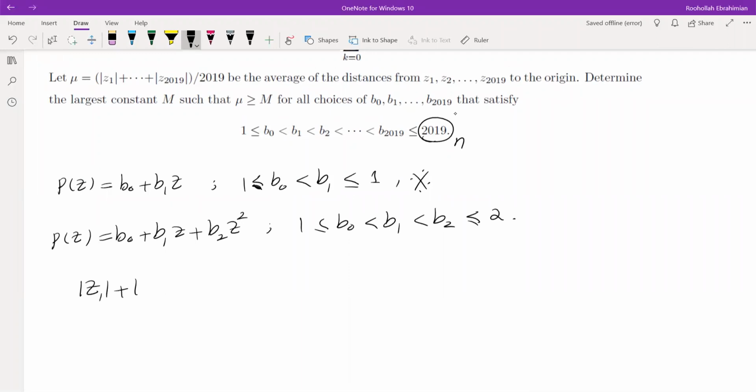You have 2 roots for the polynomial, and we are trying to find the average of these 2, so (|z1| + |z2|)/2. Although you could ignore the average and just look at the sum and then divide by 2. Since I have a quadratic, I can just find the 2 roots z1 and z2 using the quadratic formula, and then plug it in here and see what I get for the absolute values.